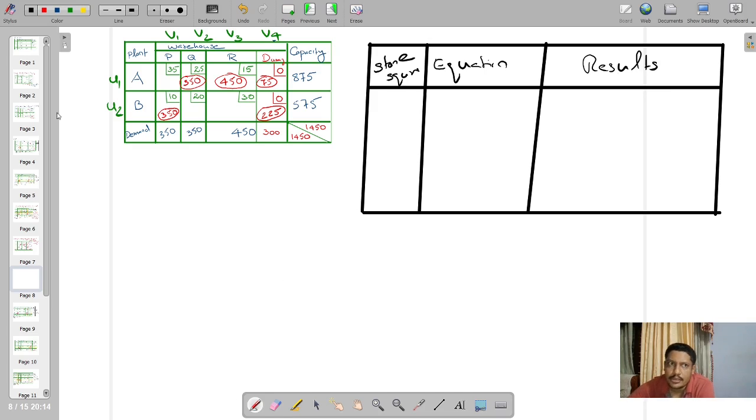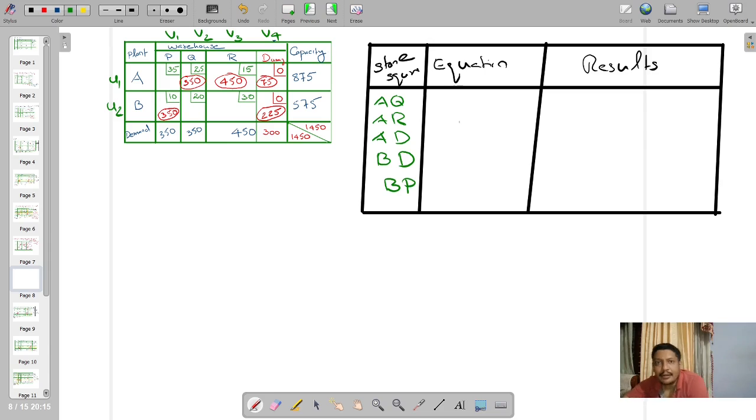So what are the stone squares here? We had the stone squares as AQ, AR, then BD, and then BP.